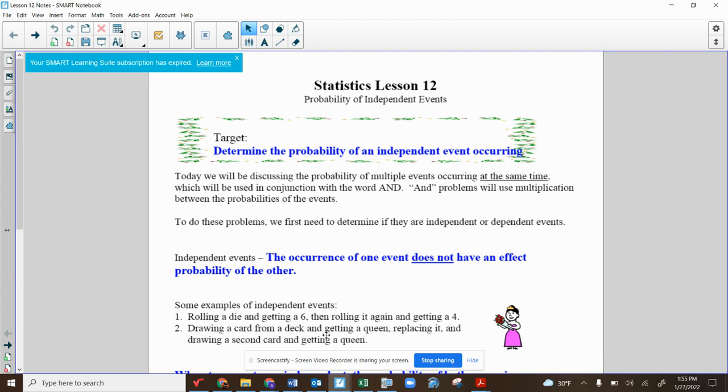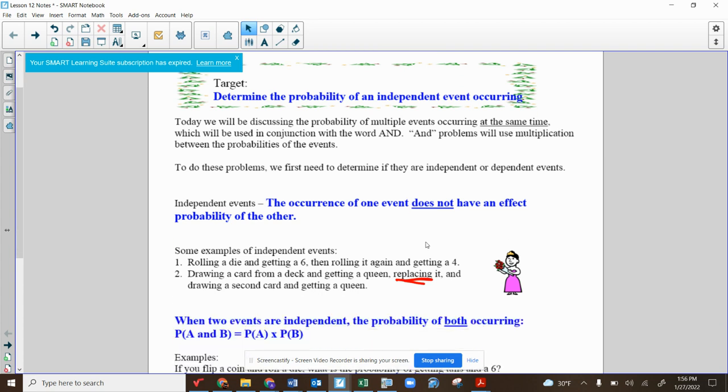I draw a card from a deck and I get a queen. I replace it, and then I draw a second card and I get whatever that card is, whether it's a queen or not. That would be an independent event, because when I put it back in the deck, there's still the same 52 cards in there. I could get that same card or a different card. It's still going to be the same probability.